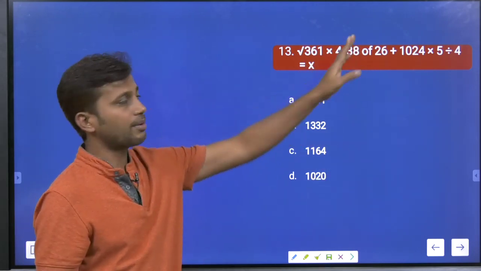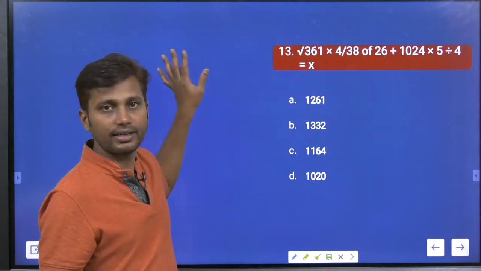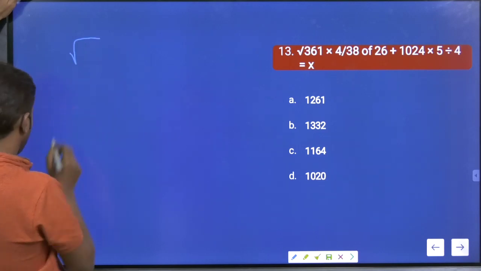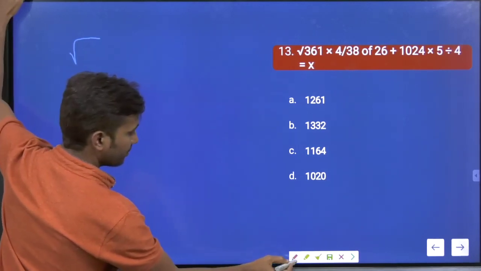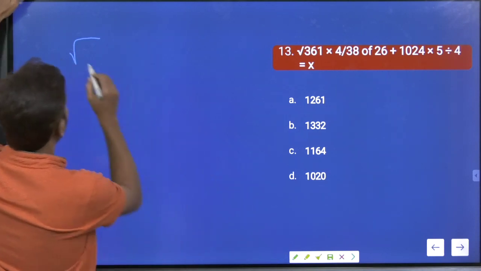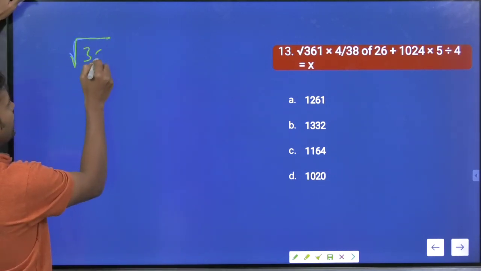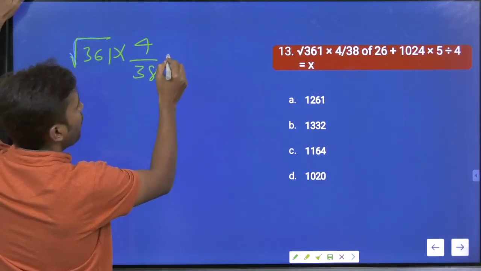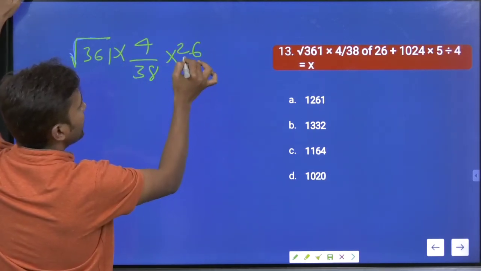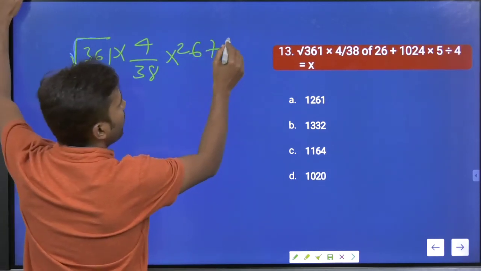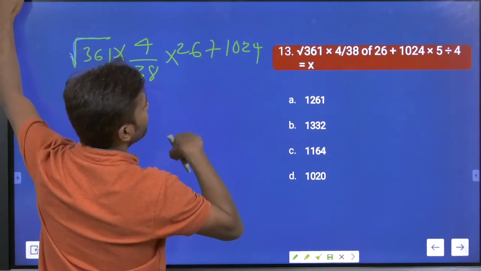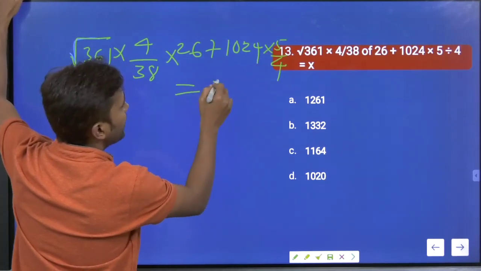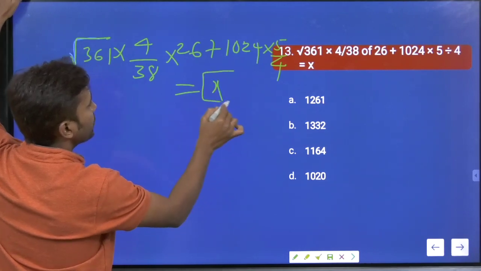Okay, right. So this is a question which is given to you. I'll write it here in detail. Here this is root 361 into 4 by 38, of 26, plus 1024 into 5 divided by 4, equal to x, and we need to find x only.